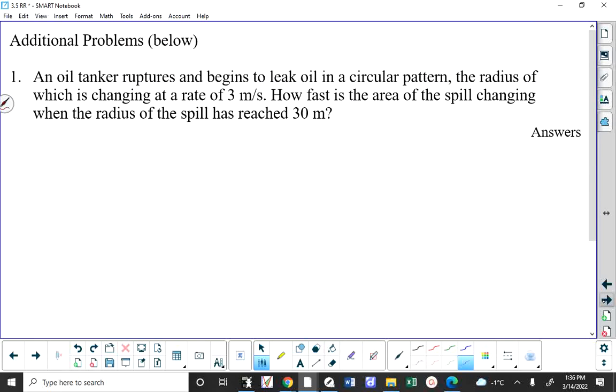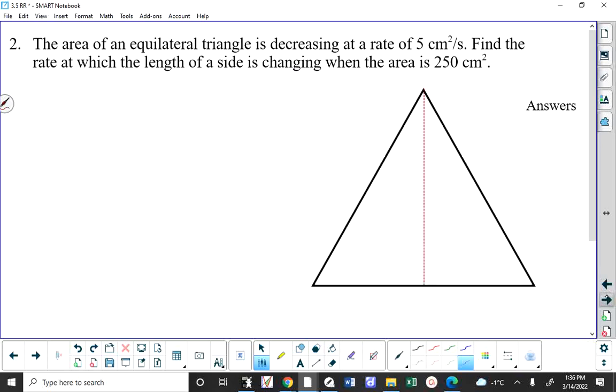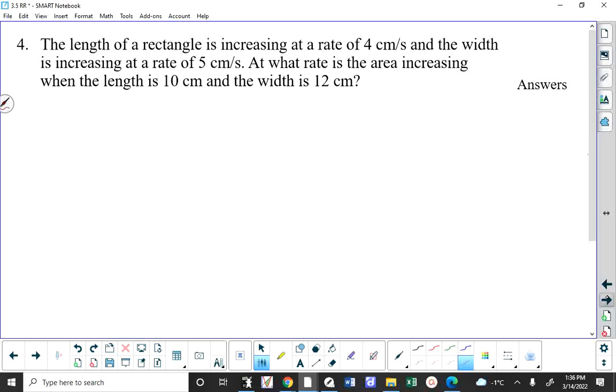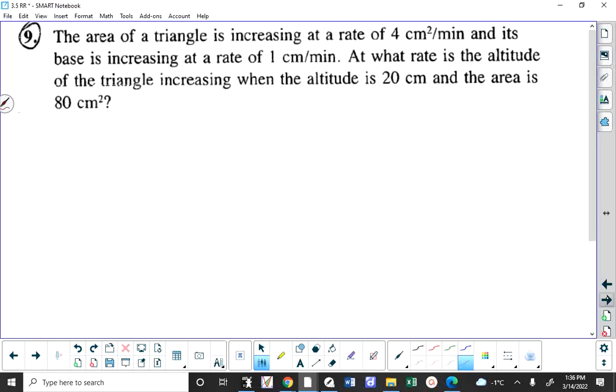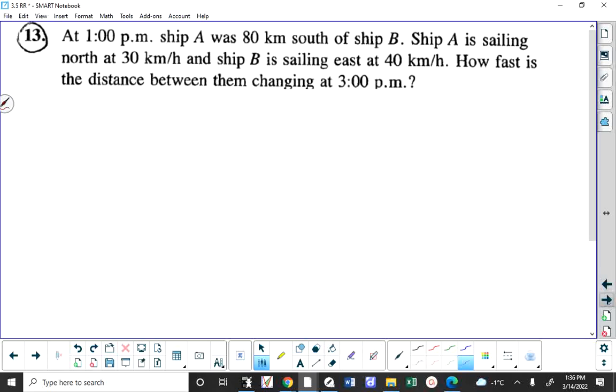On page 145, 9, 12, and 13, if all you do are the additional problems, none of these additional problems have any of these. Joe and Dave driving in different directions, ship A and ship B. So make sure you do at least one of those from 12 or 13.